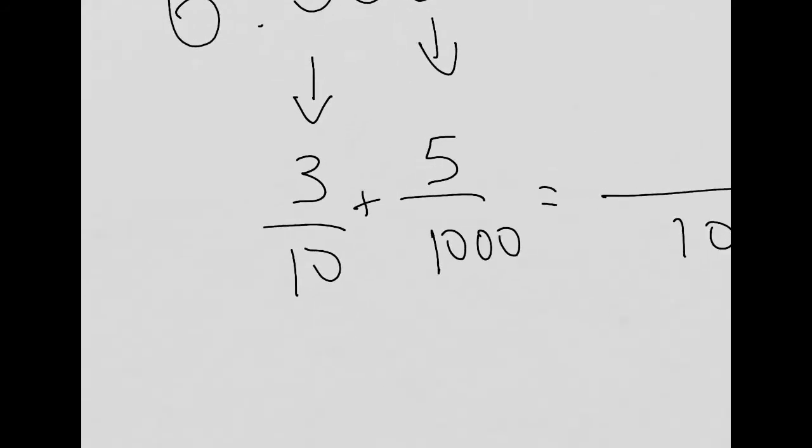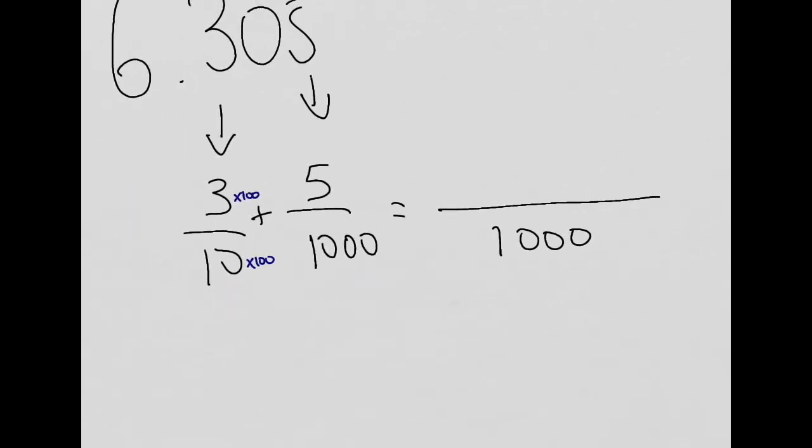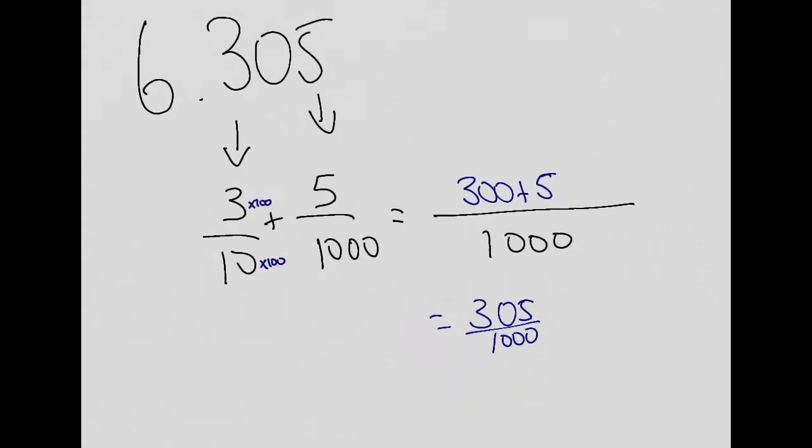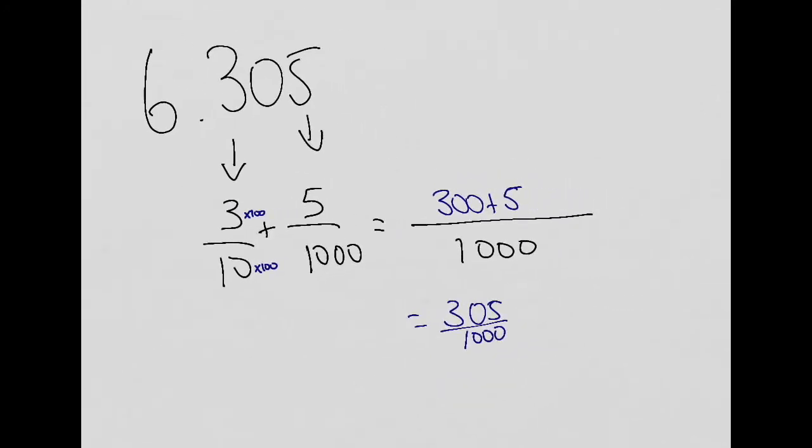But this here is the only number that will get multiplied. So we got 3 times 100, which is 300, plus 5, which gives us 305 over 1,000. Where people get mixed up is they swap these two, or they mix them up, and they will not ignore the place value that is missing there. So we have to be very careful.